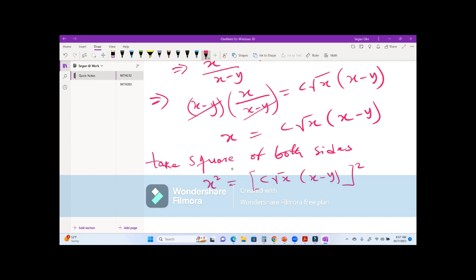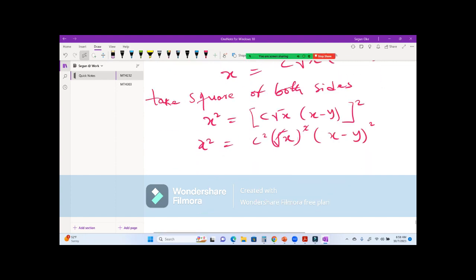So I can square each of them. I can say X squared equals C squared, square root of X all squared, and X minus Y all squared. If I do that, it simply means this square root will go with this. So I have my X back. So I can have X squared equals C squared X in brackets, X minus Y all squared.